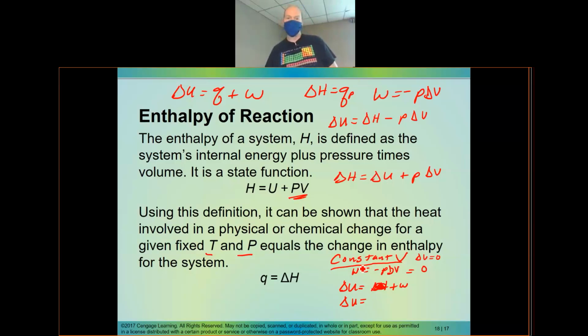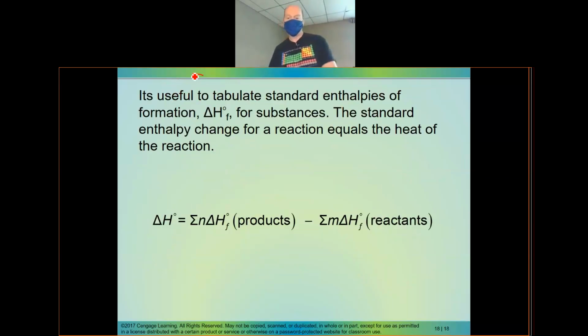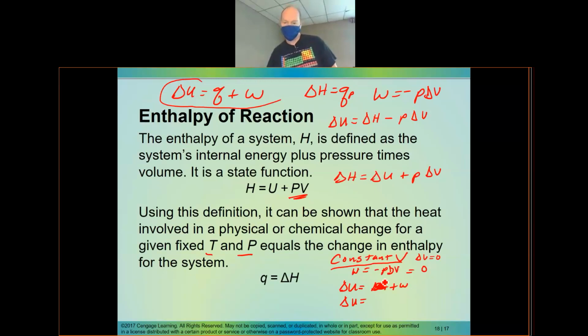I wanted to put the first law of thermodynamics, delta U is equal to Q plus W. Q should not have been delta H, because it's only delta H at constant pressure. Your delta H and your Q are equal only at constant pressure. When you're at constant volume, delta U is equal to Q. I put a V here to indicate that we are at constant volume.